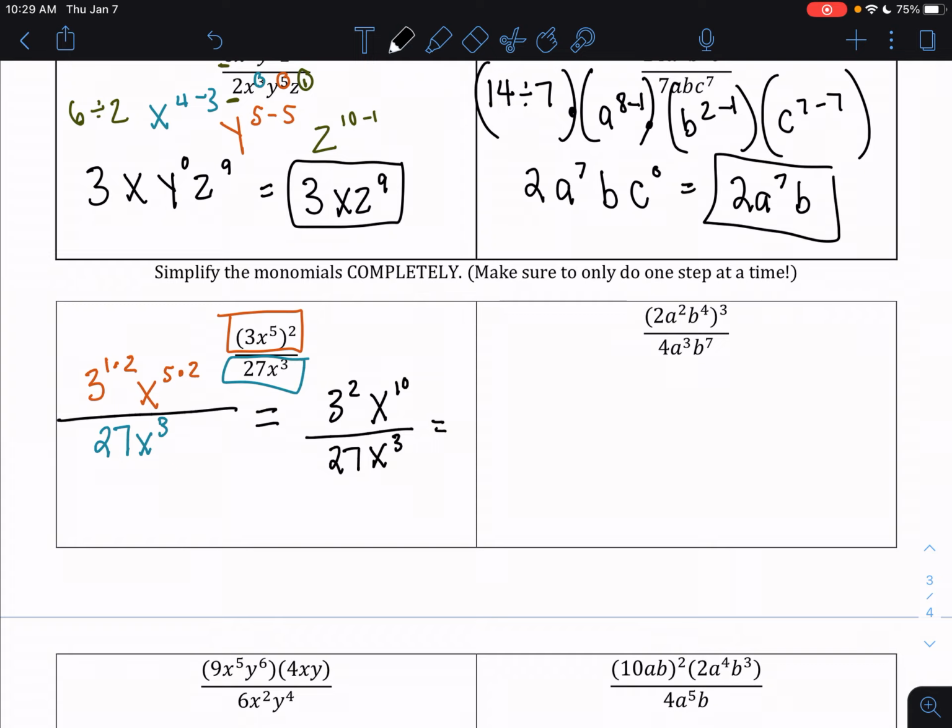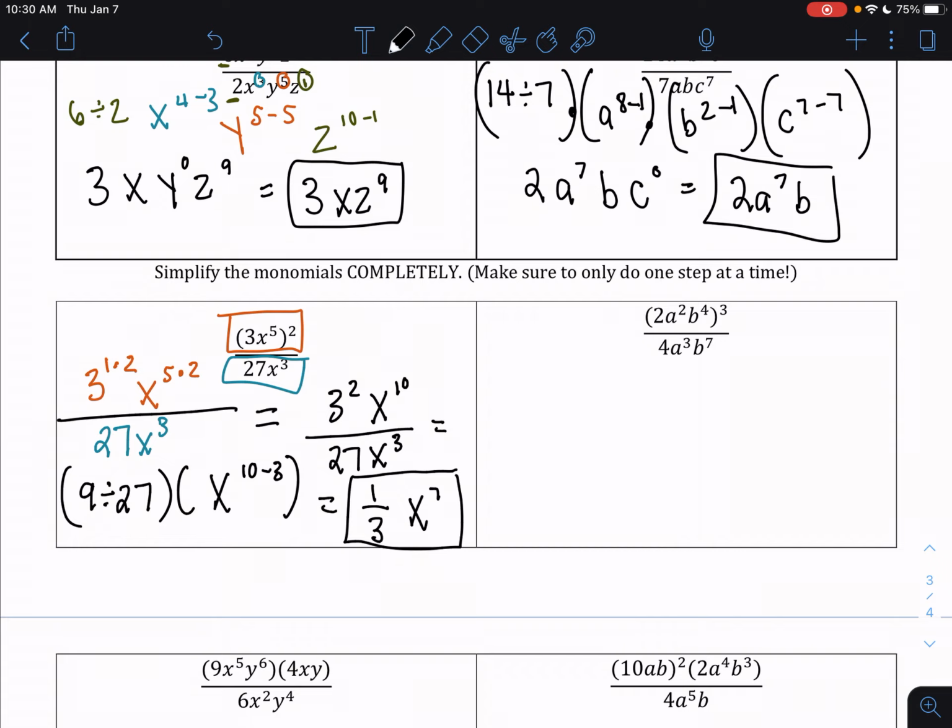So 9 divided by 27, and then we're going to multiply that by x to the 10 minus 3 to get our final answer of 1/3 times x to the 7th. Make sure you do 9 divided by 27 and not 27 divided by 9. So you get a fraction as your answer here. 1/3 times x to the 7th.